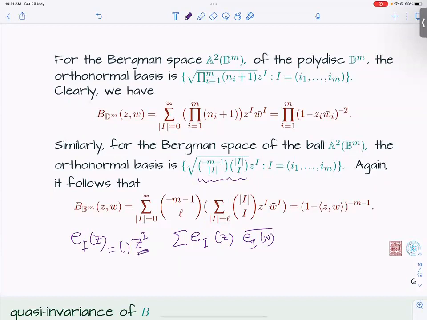This is an orthogonal set as I varies in all multi-indices, but it has to have a coefficient to make it a vector of norm 1.